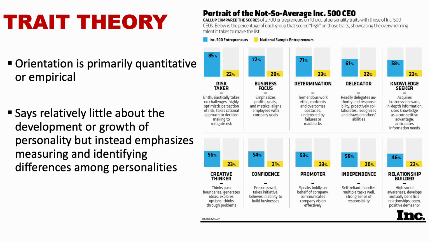So there are a couple of issues with trait theory. One, the orientation of traits is primarily quantitative or empirical. So that doesn't really tell us the meaning behind certain traits and how people perceive those traits. So for example, if you look at the right, you see that 85% of Fortune 500 CEOs tend to be risk takers, whereas only 22% of entrepreneurs will call themselves risk takers, right?